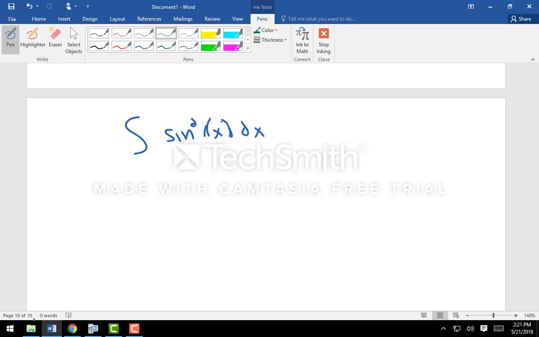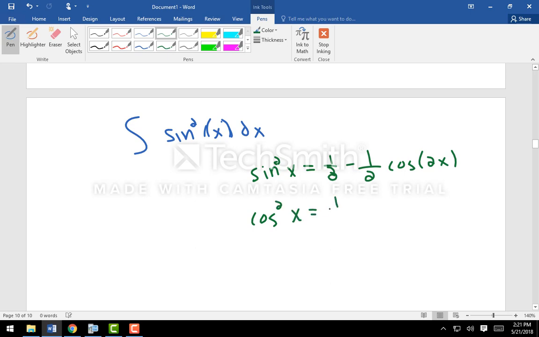So we're going to use the double angle identities, which say sine squared of x is 1/2 minus 1/2 cosine of 2x. Or we have cosine squared, which is the same thing, but just a plus sign here.